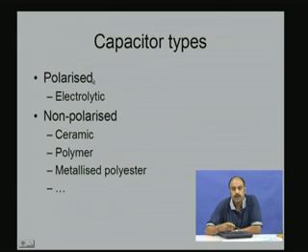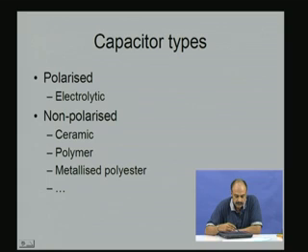One terminal should always be more positive with respect to the other terminal. So, that is a polarized capacitor. In the case of the non-polarized capacitor, either terminal can be more positive than the other at any given point of time. There is no restriction that one terminal should always be more positive than the other.